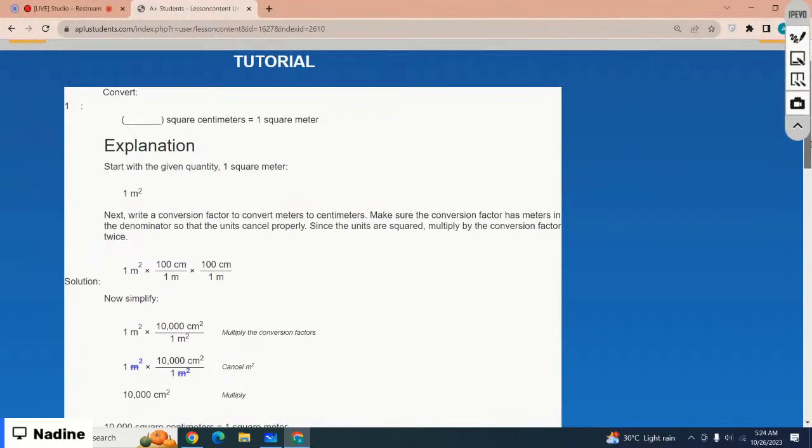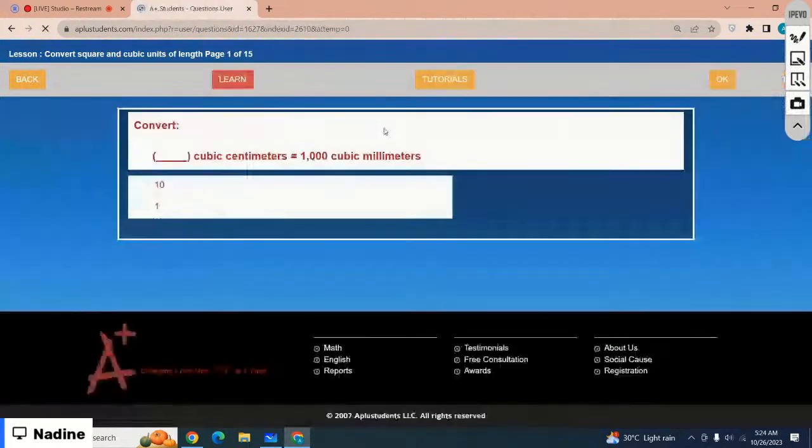Let's just start with the practice questions. 1 cubic centimeter, how many cubic centimeters equal 1000 cubic millimeters?